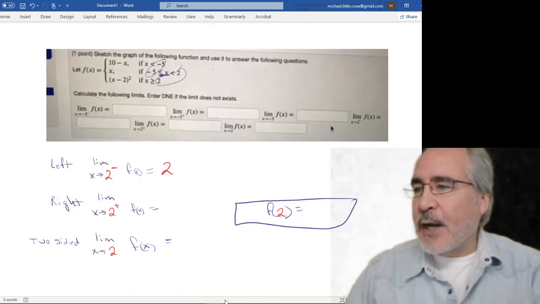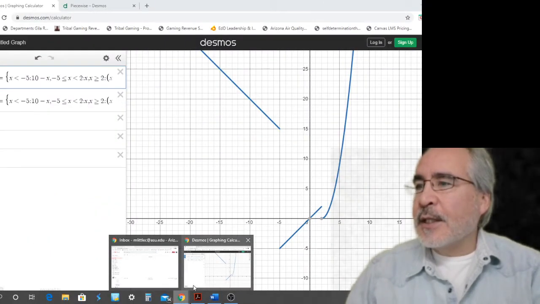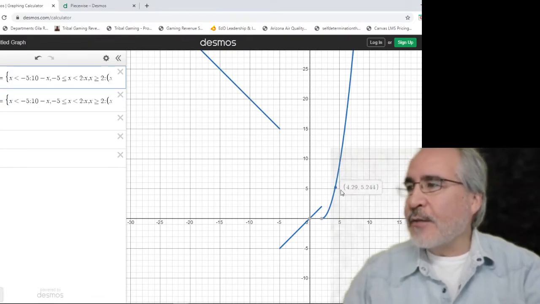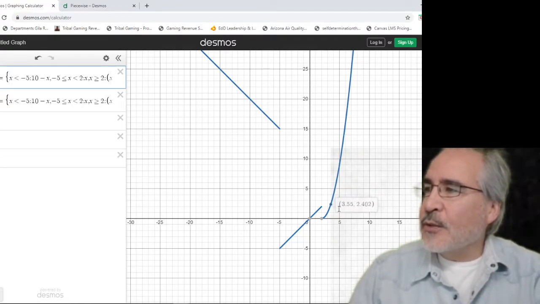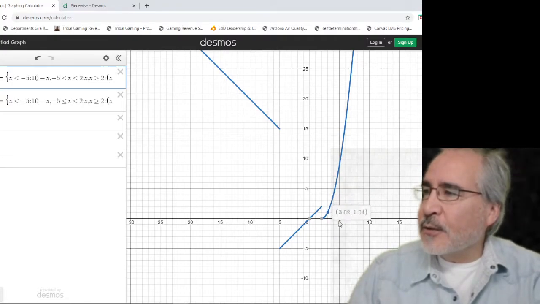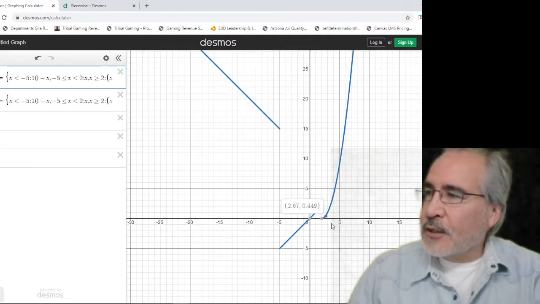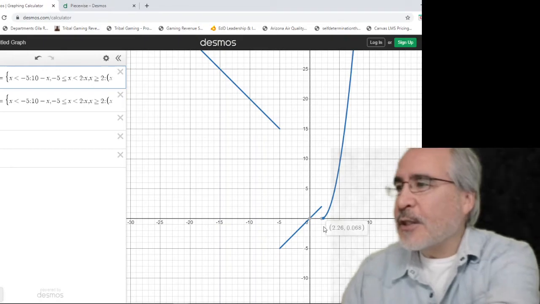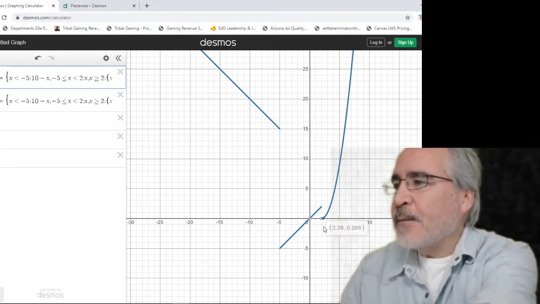So we come from the right, and what we'll see is that coming from the right, we're on the third part of the function. So notice our x value is getting closer to 2. What's the y value getting close to? Well, it looks like it's getting closer to 0. We get closer and closer to 2, and we're getting closer to 0.